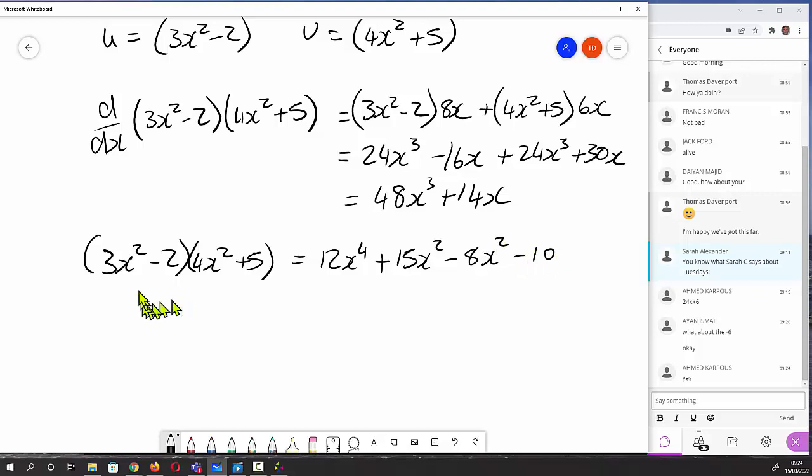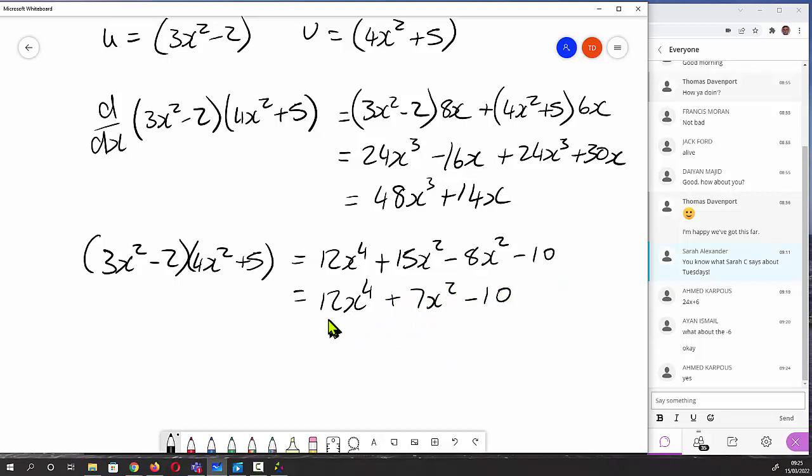Is that right? 12x to the 4, 15x squared minus 8x squared minus 10. So that is going to equal 12x to the 4 plus 7x squared minus 10.